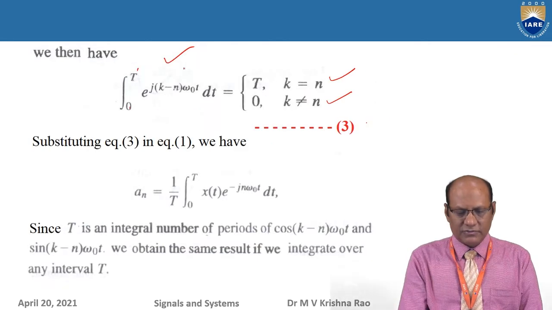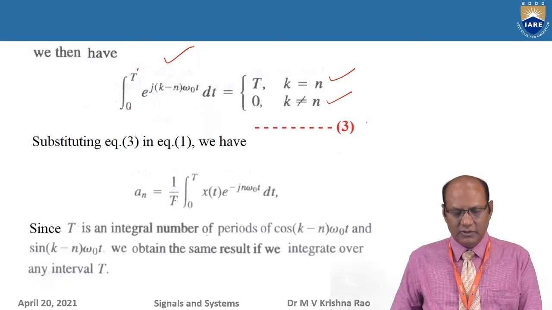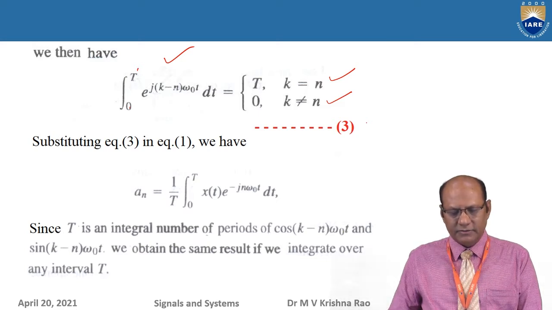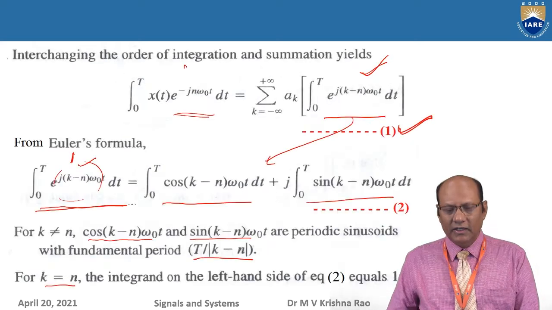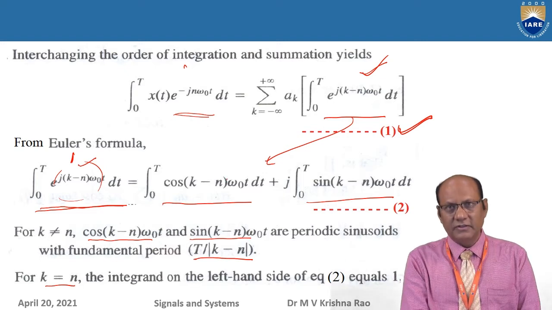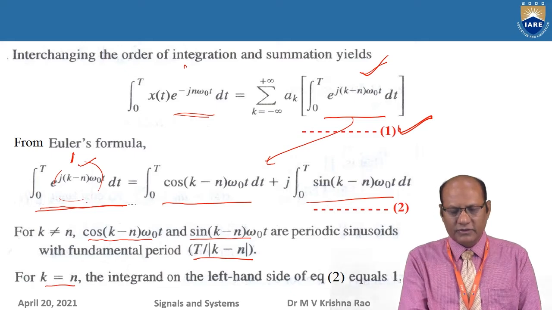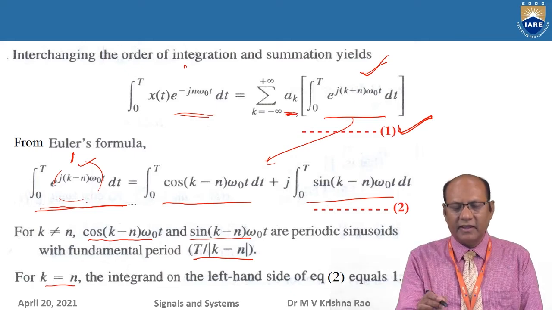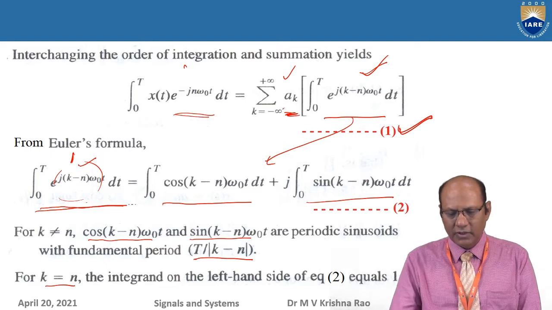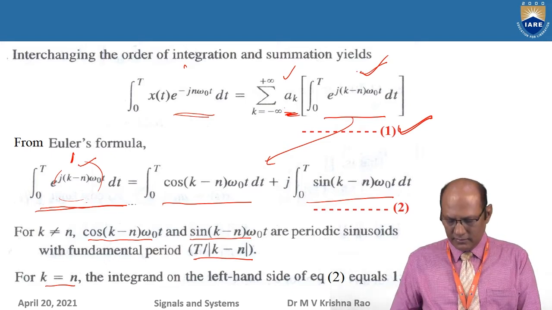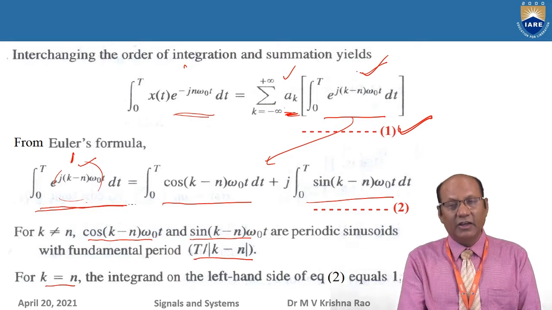So what we will get after substitution in equation 1? When k equal to n only, it is T. Otherwise, it is 0. This part is shown as equation 3. Here ak is there, and all other terms become zeros, only one term remains when k equal to n.